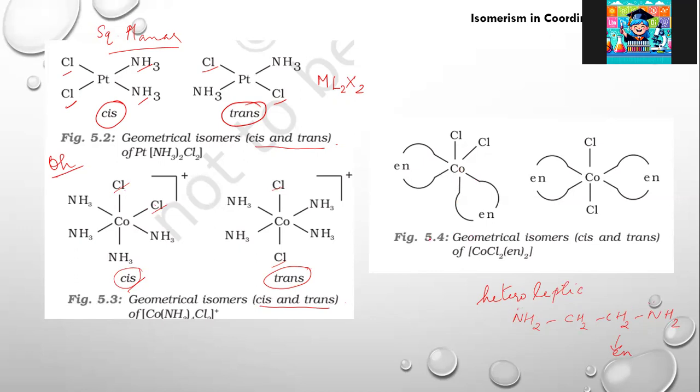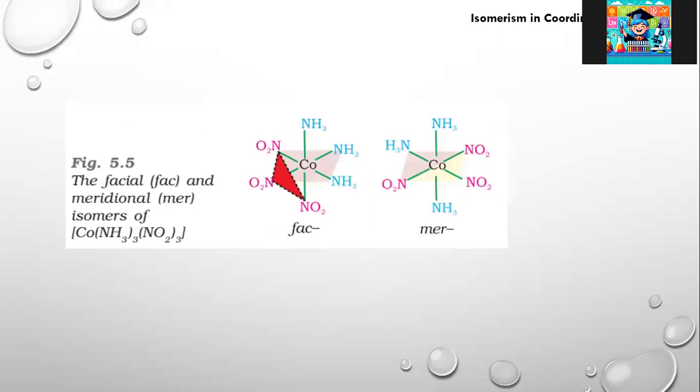In such cases where these ligands are used, the isomerism can be shown like this: in the molecule where the same kind of atoms or groups are closer to each other, it is known as cis, whereas when the same atoms or groups are opposite to each other, it is known as trans. So we have a general idea about cis and trans isomers for square planar and octahedral complexes, also in the case of these ligands.